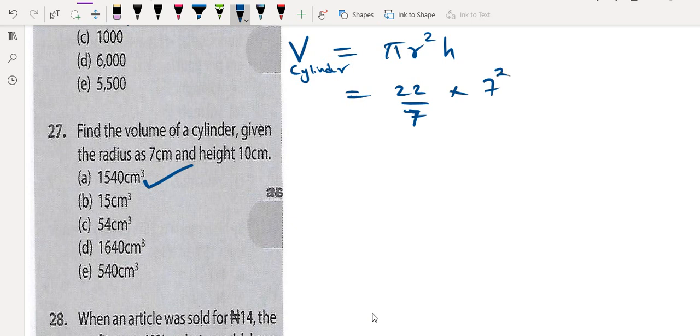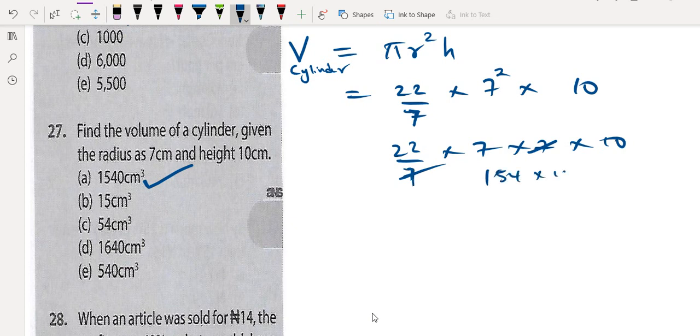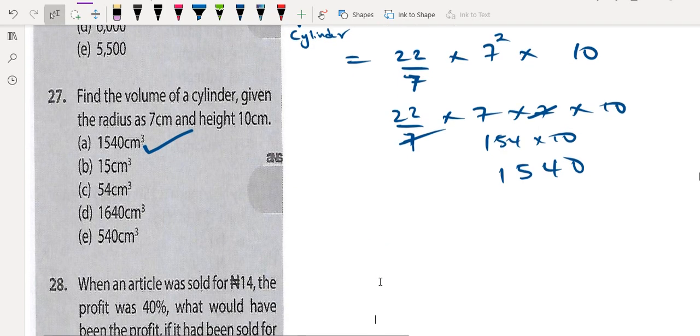So 7 square, and the height is 10. 7 cancel 7. 22 times 7 is 154. 154 times 10 is 1,540. Just add the 0 to that. Centimeter cube, yes, volume is centimeter cube. Number what?